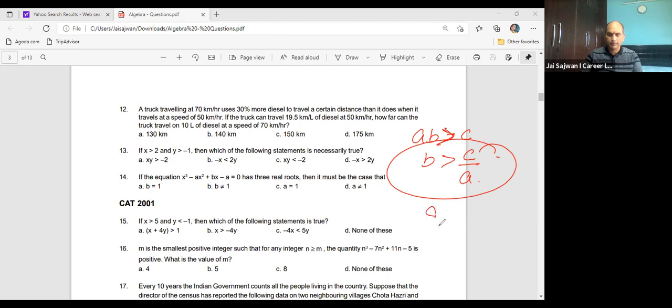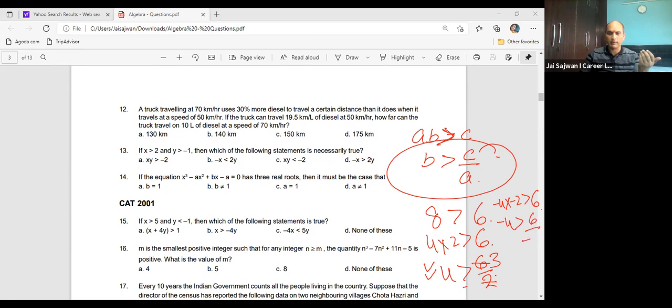Can I say 8 is more than 6? I can say 4 into 2 is greater than 6. Can I say 4 is greater than 6 by 2? Yes, 4 is greater than 3. So this is true. But if I write it as minus 4 into minus 2, this is greater than 6. I can write 8 also as a product of two negative values.